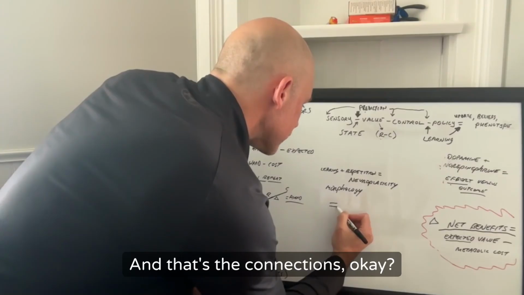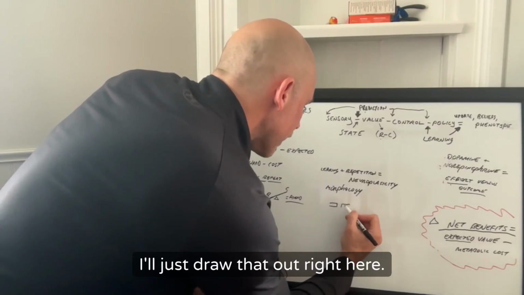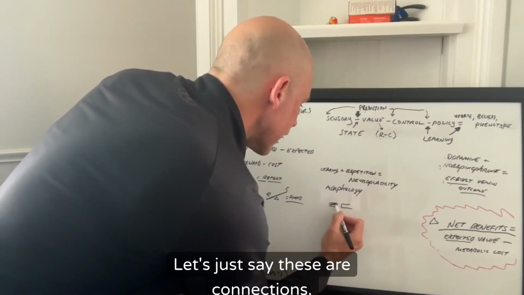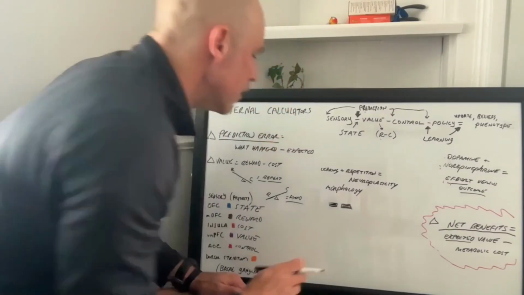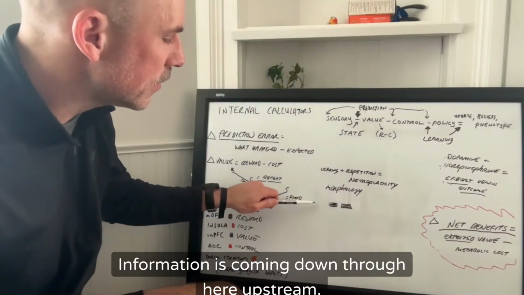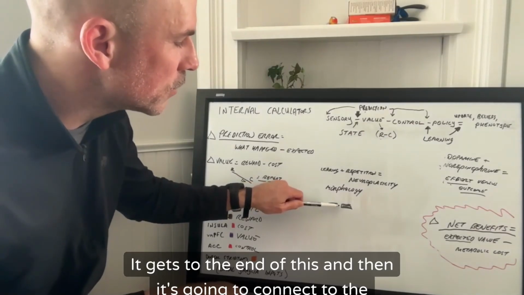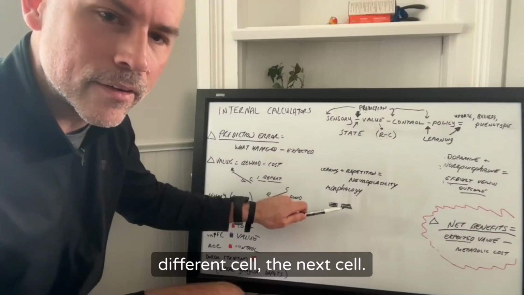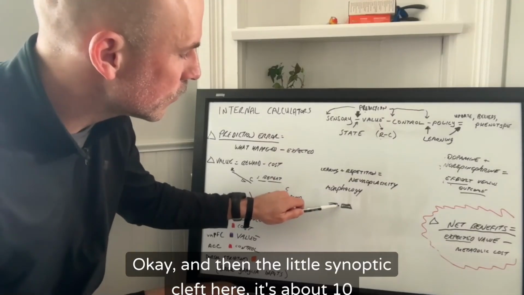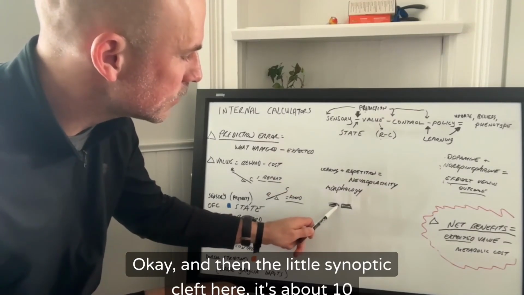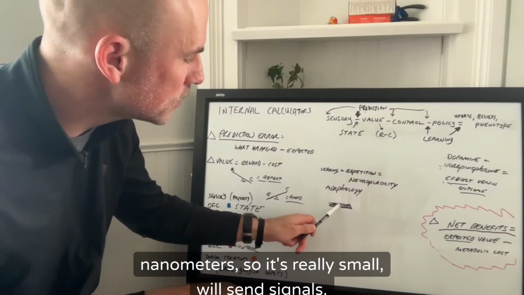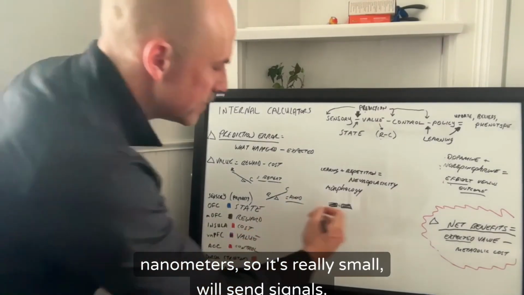Okay, I'll just draw that out right here. Let's just say these are connections. Information is coming down through here, upstream. It gets to the end of this, and then it's going to connect to the next cell. And then the little synaptic cleft here, it's about 10 nanometers, so it's really small, will send signals.